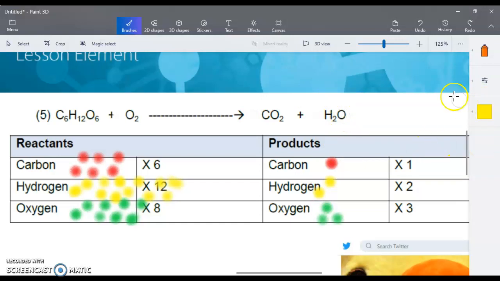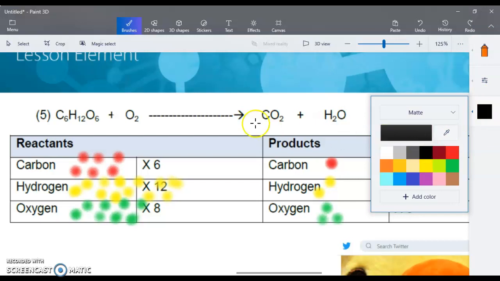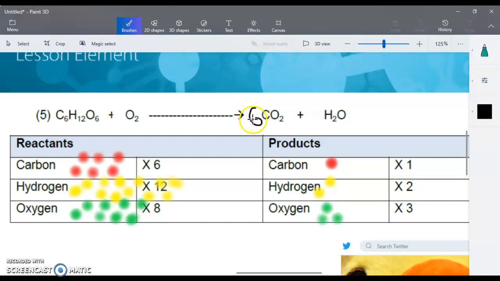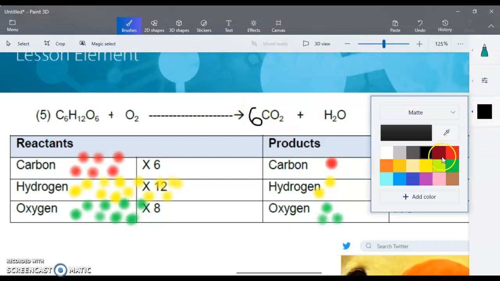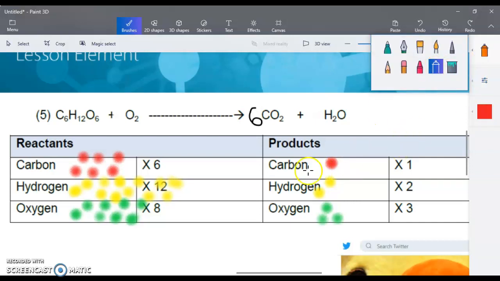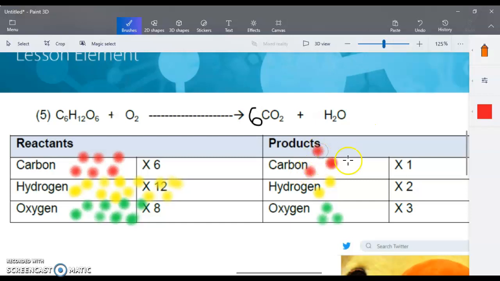So why don't we go for both of these multiplications, all right? So let's go back to multiplying 6 with the carbon dioxide, okay? So if we were to do that, use the skills approach, now we have 6 carbons on this side, 1, 2, 3, 4, 5, 6.